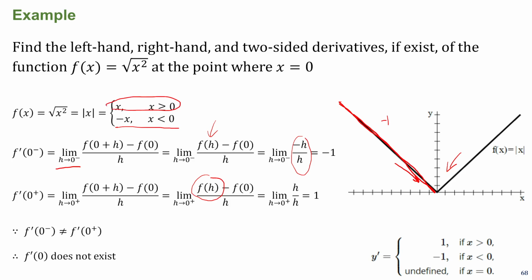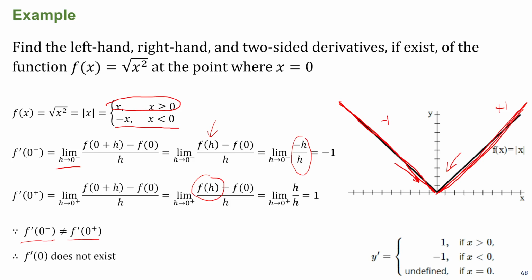So that equals the limit of h over h when h approaches 0 from the positive side, which gives you 1. So that means when you approach 0 from the positive side, the right derivative is the slope of the tangent line, which equals the slope of this line, which is positive 1. And therefore you can see the left derivative does not equal the right derivative. So the derivative at x equals 0 does not exist.